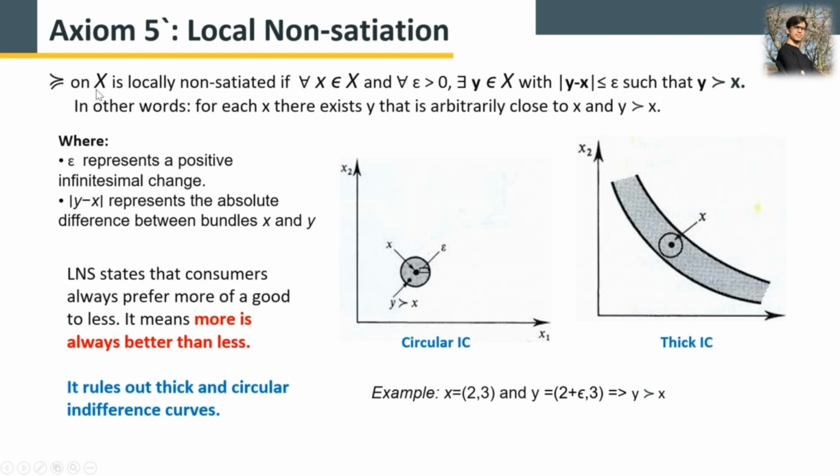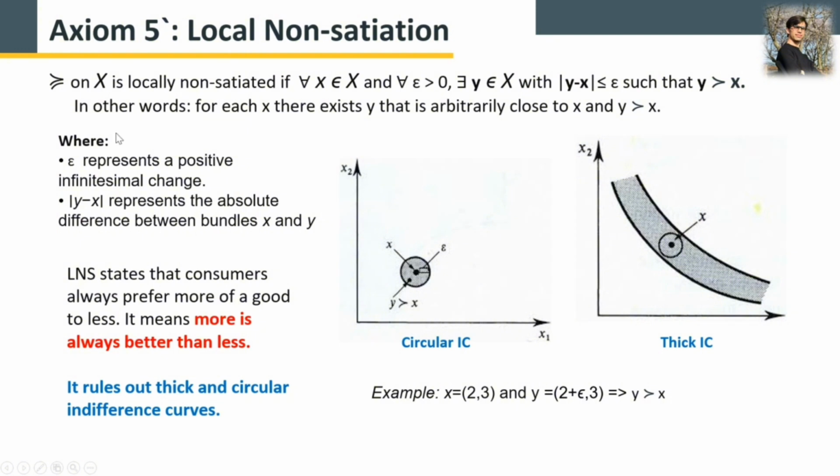a preference relation on X, or on consumption set, is locally non-satiated if for any bundle X in the consumption set capital X, and for every epsilon greater than 0, there exists another bundle Y with this relationship: the absolute difference between y and x is less than or equal to epsilon, such that y is strictly preferred to x.